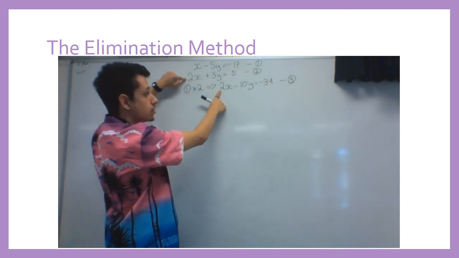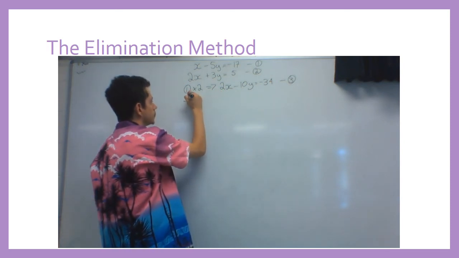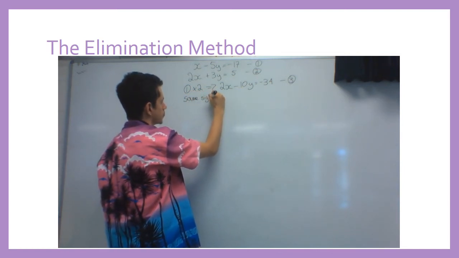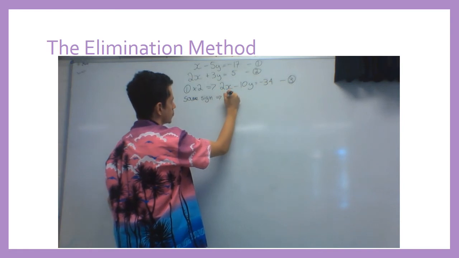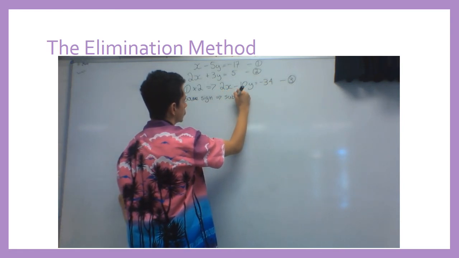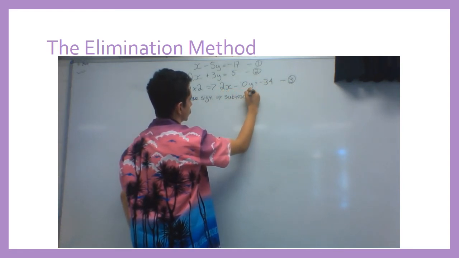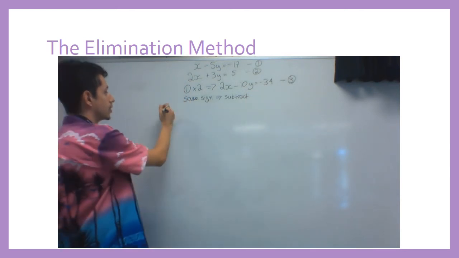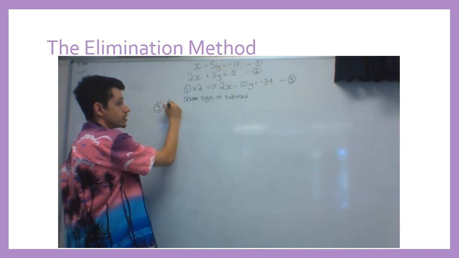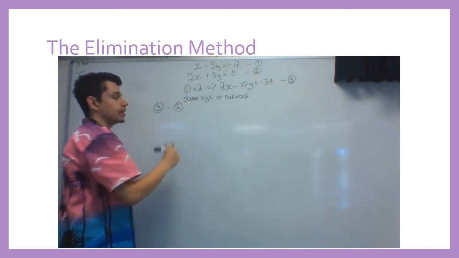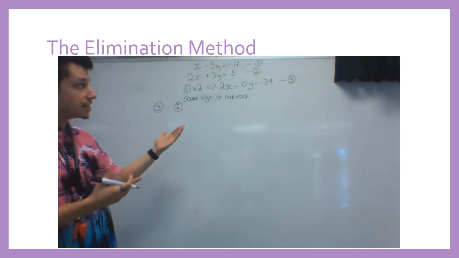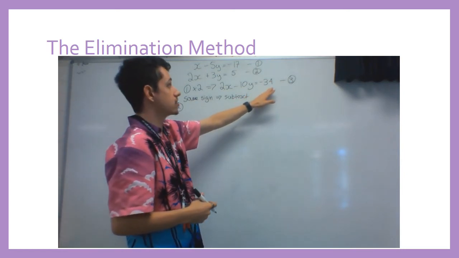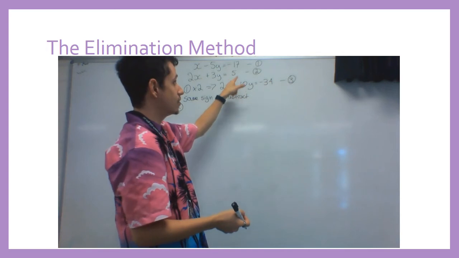So that means I'm going to subtract equation 2 from equation 3. I am doing this because equation 3 is a bigger number, and I think it's just going to be a lot easier to subtract the 5 from that.